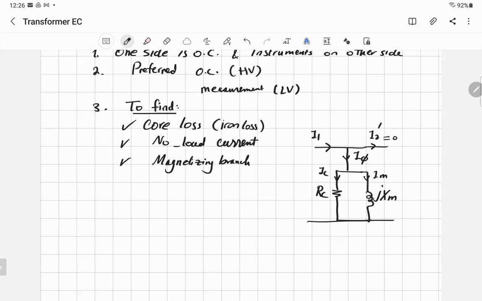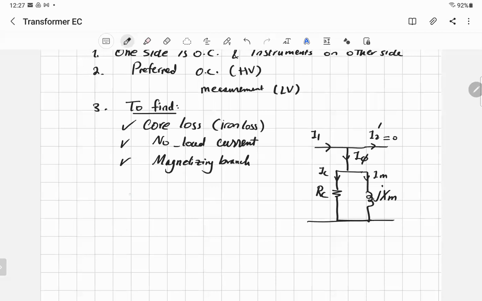What's I2 dash? It's the reflected current in the secondary. Since the secondary is open circuit, and as we said I2 is equal to 0, the reflected current I2 dash is 0. So actually all the current obtained on this side, I1, is equal to I phi only.